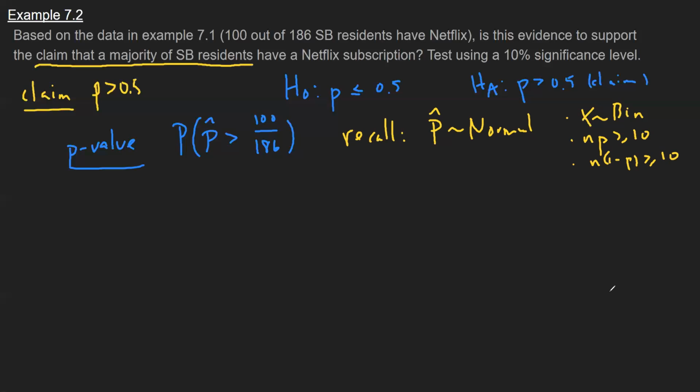Basically, what this means is I'm going to standardize my p hat to a z-score. That z-score equation is right here. When we plug everything in, our p hat is our data value, and similarly, the value for p, under the null hypothesis, is assumed to be 0.5.